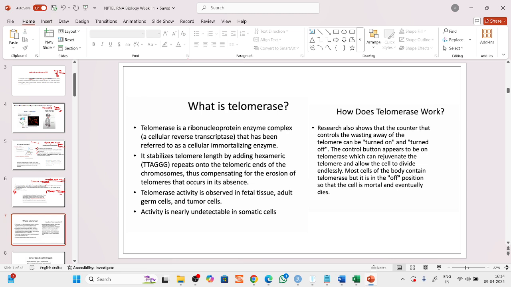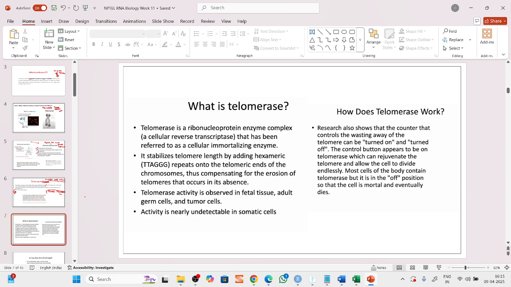And since it is not allowing the cells to die, it is making the cell immortal. Then it stabilizes telomere length by adding the hexameric TTAGGG repeat onto the telomere end of the chromosome, thus compensating for the erosion of telomere that occurs in its absence.